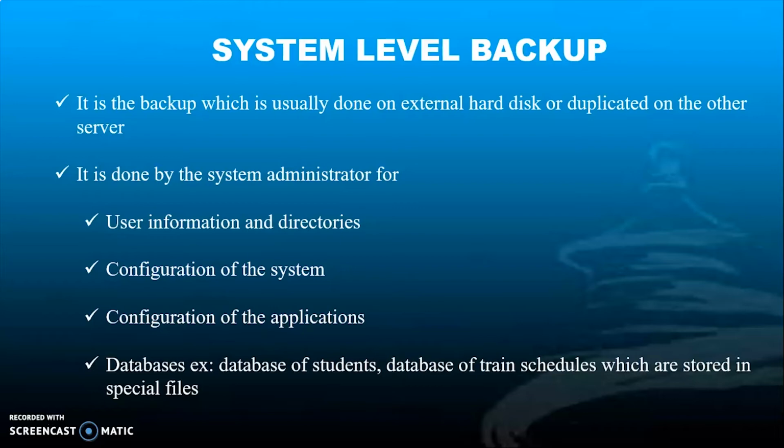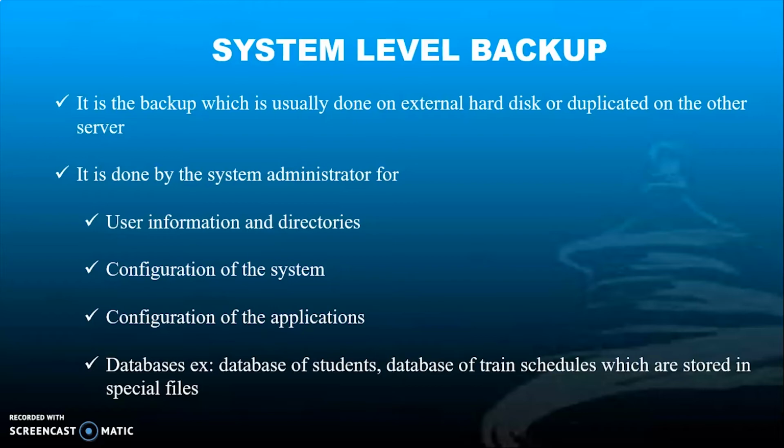It is done only by the system administrator to store the user information, the directories, the configuration of the system and of the various applications, and the databases which he or she has in the computer. So all these they can copy either in the hard disk, or else in the cloud storage.